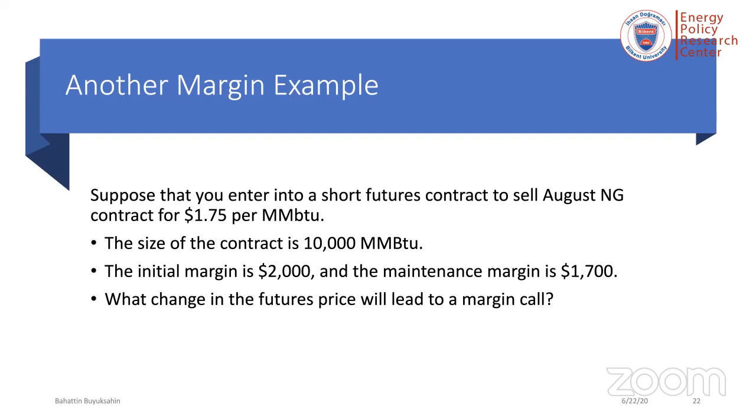Of course, if the price increases more than 3 cents per MMBTU, then the trader should get a margin call to bring the margin balance back to the initial margin of $2,000. A price increase is costing the seller since he promised to deliver the underlying asset at a lower price. So he has to bring his margin account back to the initial level if the price rises more than 3 cents.